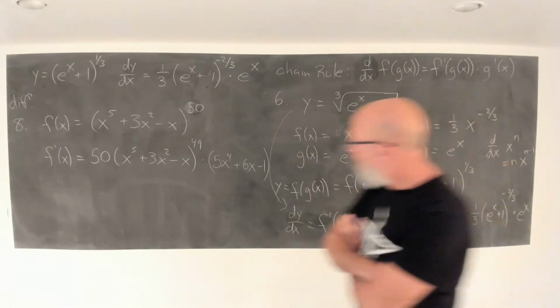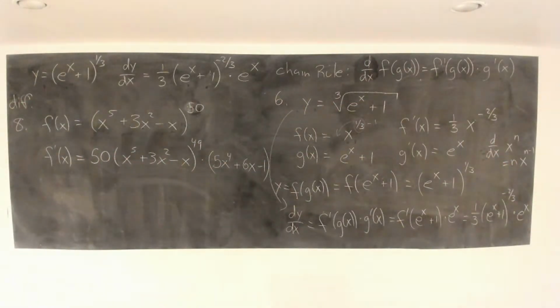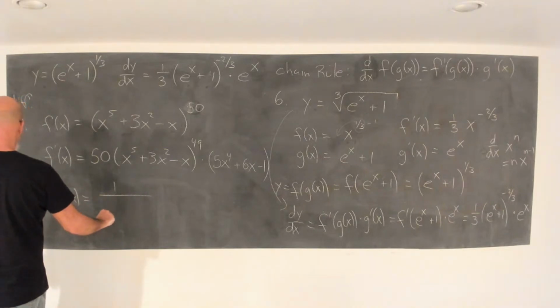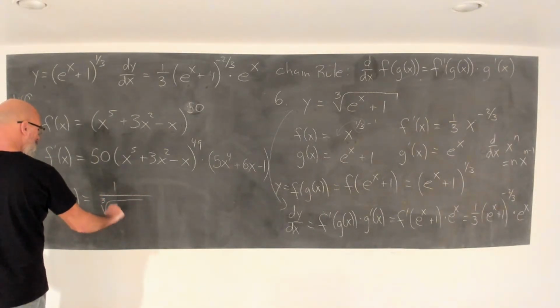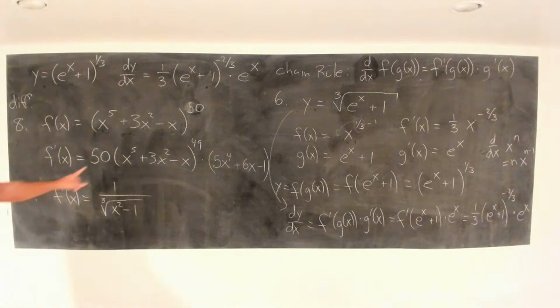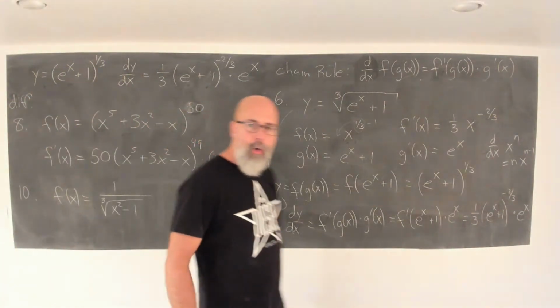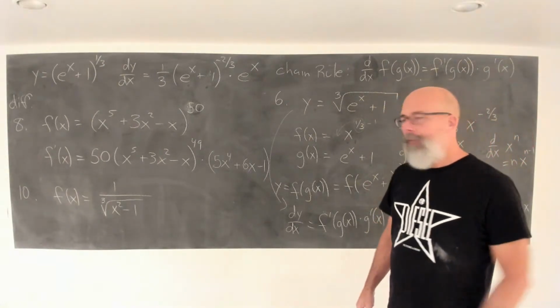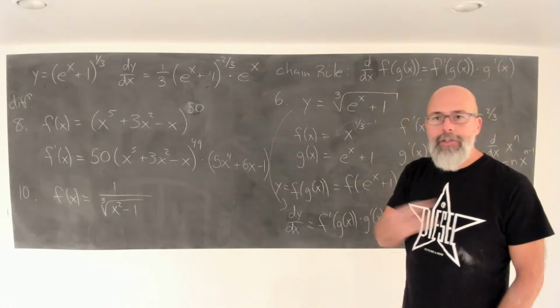There it is. Should we distribute the 50? The answer is no. Factored is simpler.